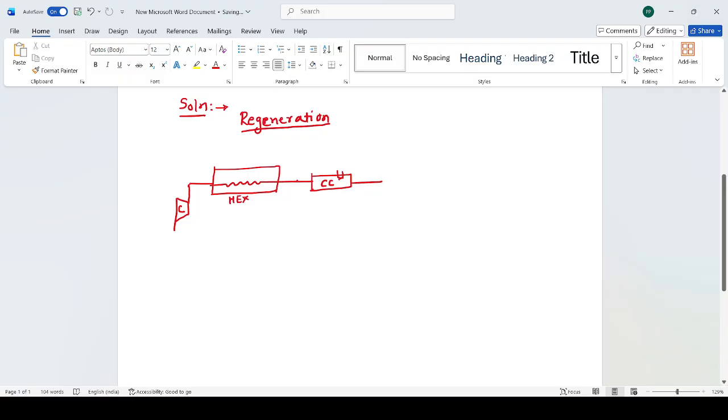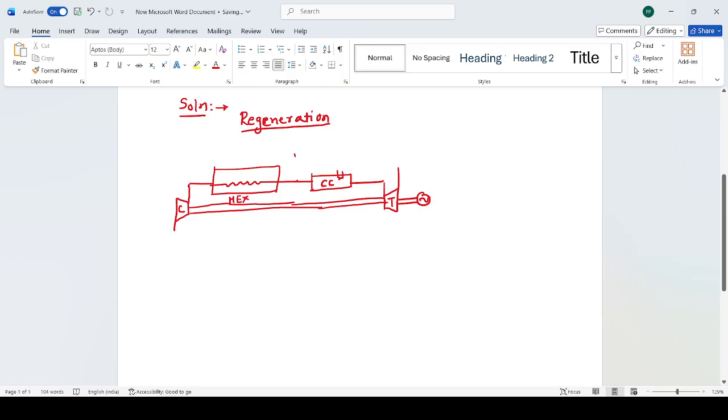and after the combustion chamber the gases will be allowed to enter into the turbine so that they can be expanded. So this is the gas turbine, and we'll have a common shaft which connects the compressor and the turbine. Let us say this is a horizontal shaft which connects the gas turbine with the compressor, and we are aware that part of the power which is developed by the turbine will be used to run the compressor.